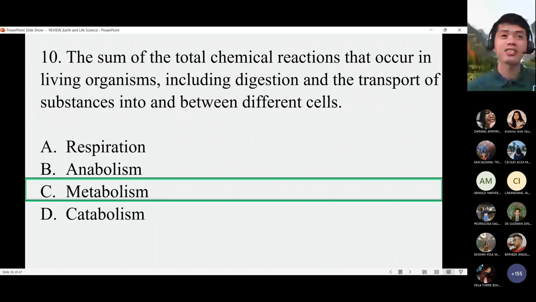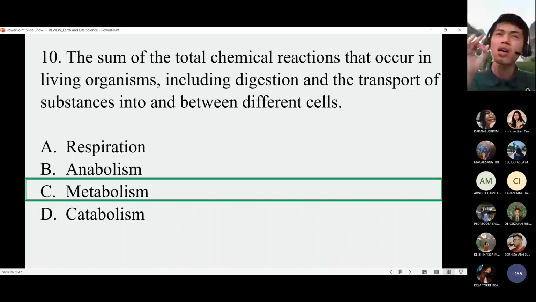Respiration is all about gas exchange, okay? Anabolism is about the building of smaller molecules to larger molecules. Say for example, sabi ko kanina, kung gusto niyo mag-build ng milk sugar or lactose, you need two monosaccharides which are the glucose and galactose.